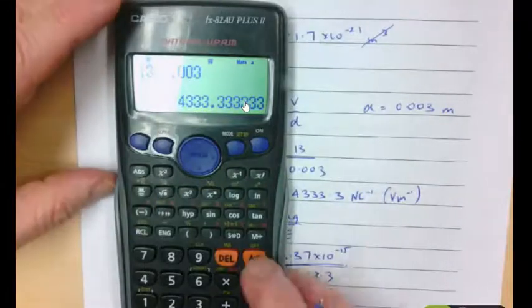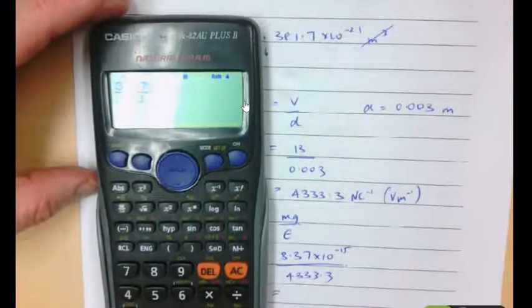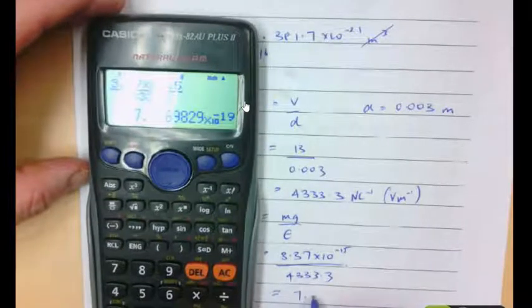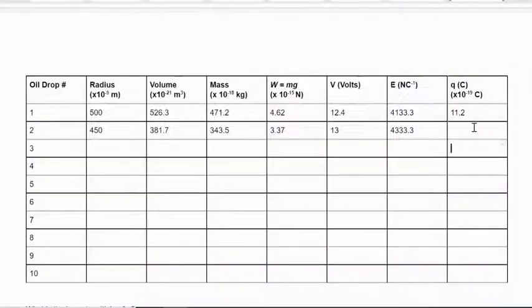So doing that division, 3.37 by 10 to the minus 15 divided by 4333.3, we get 7.78 by 10 to the minus 19. So we'll record that last one in here. Now it's already by 10 to the minus 19 up here, so I'm going to just record 7.78.